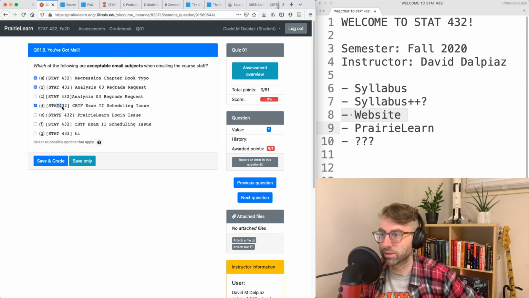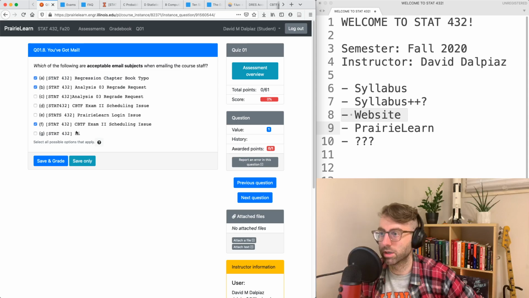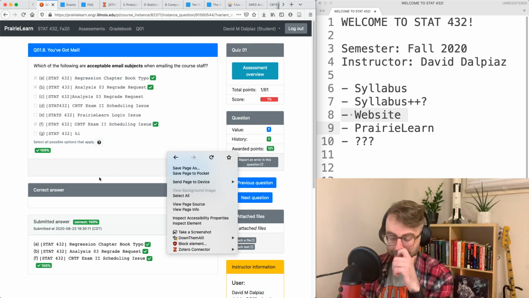This is no good because there's not a space here. This is not good because it says stats, not stat. There's no such thing as stats. It's stat. This looks good. This is bad. It's the right format, but this subject is useless to me. I did it.